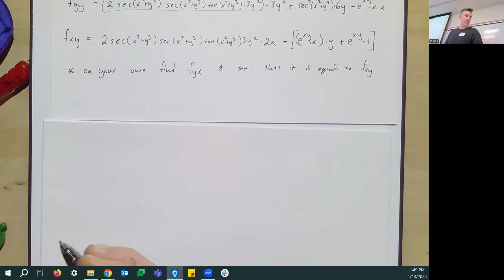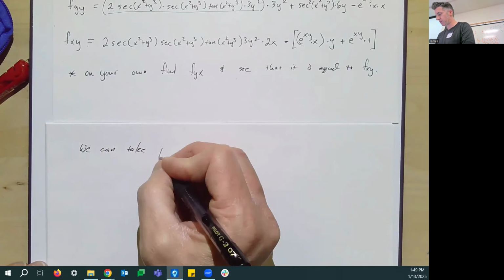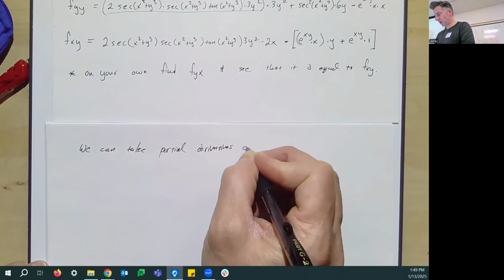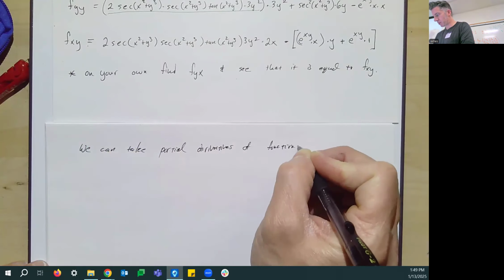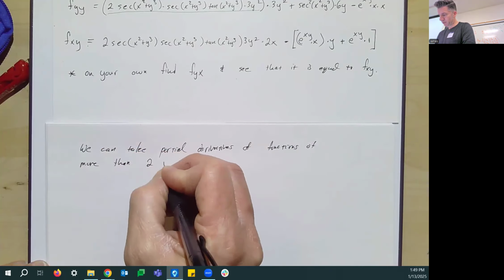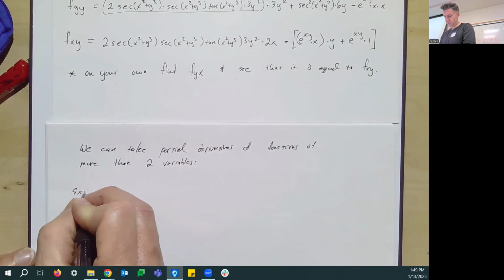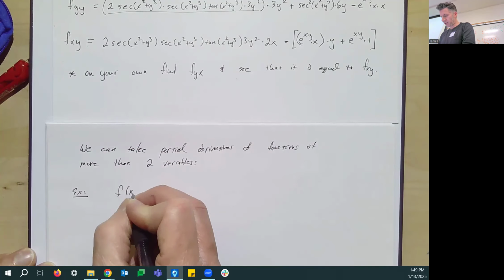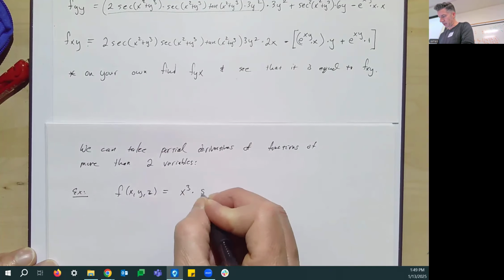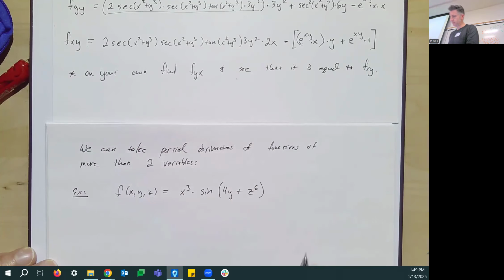So let's say, for example, we can take partial derivatives of functions of more than 2 variables. For example, f of x, y, z equal to x cubed times sine of 4y plus z to the 6th.